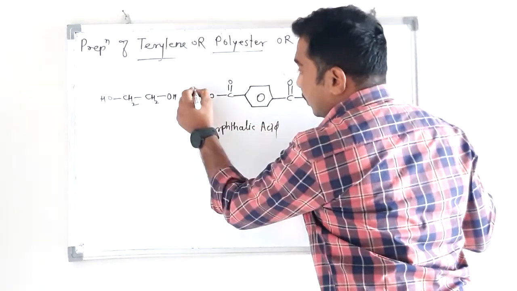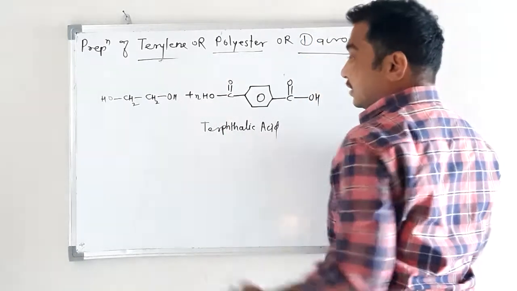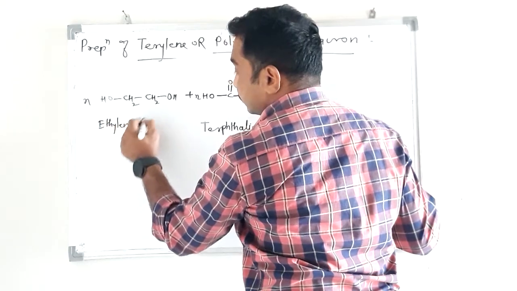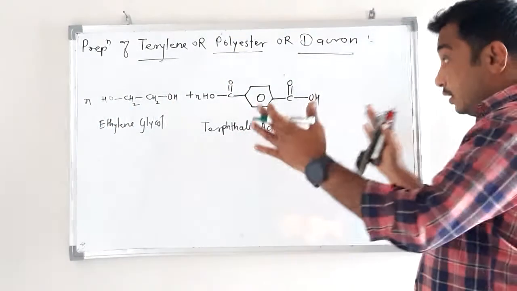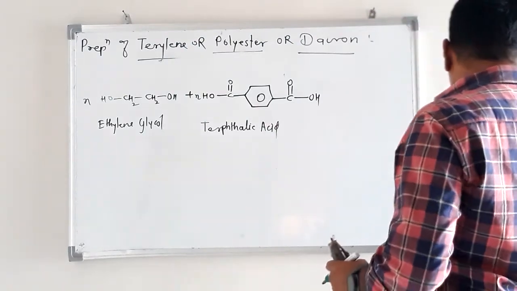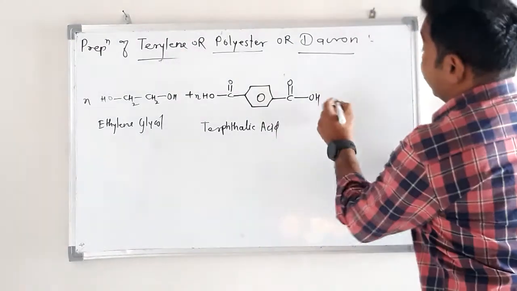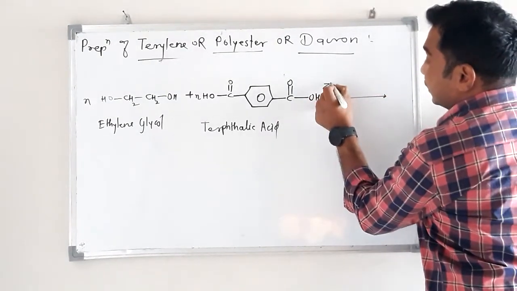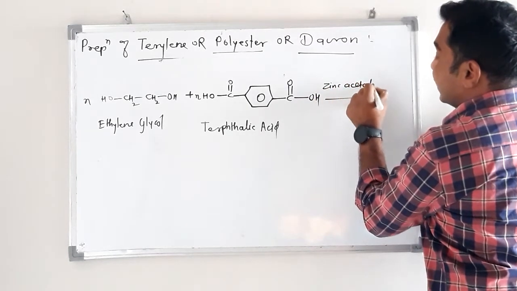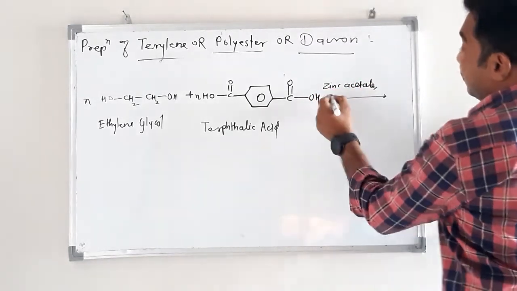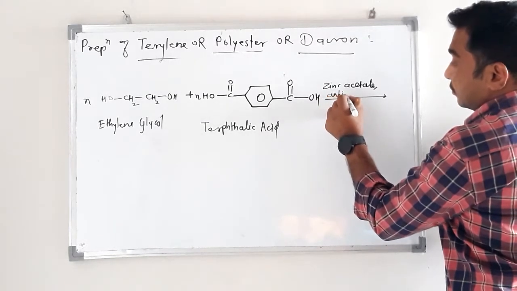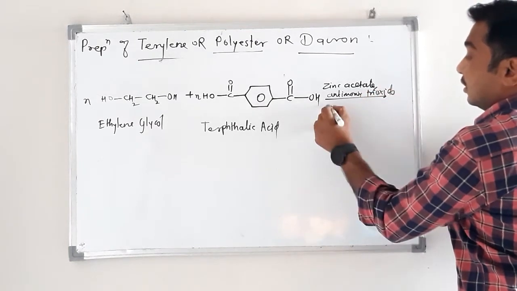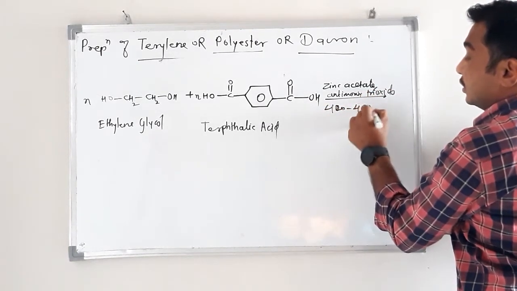See, n number of terephthalic acid and n number of glycol undergo condensation reaction at high temperature in presence of catalyst zinc acetate and antimony trioxide, and 420 to 460 temperature.